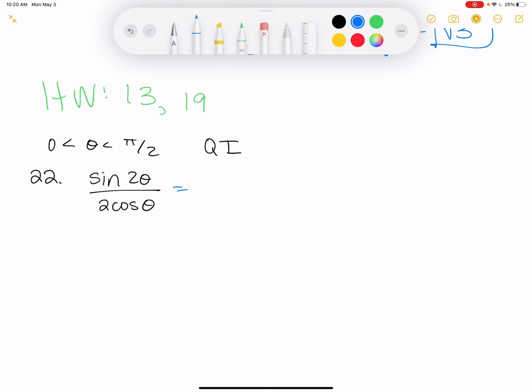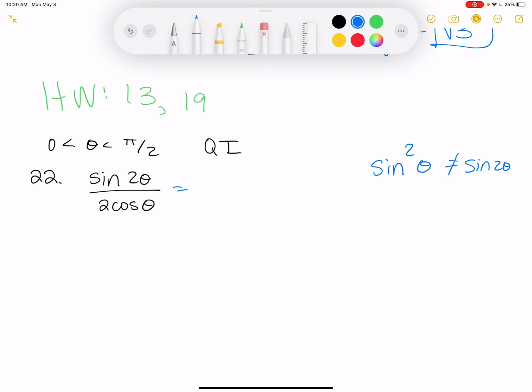Oh, I don't have the double ones written. I'm officially sad. This is not the same thing as this. Is it the double formula?